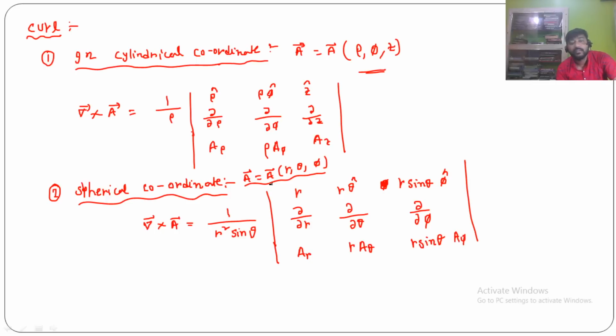So you can see the symmetry. For the cylindrical coordinate system, outside it will be 1 by rho, and in spherical coordinate it will be 1 by r square sin theta.